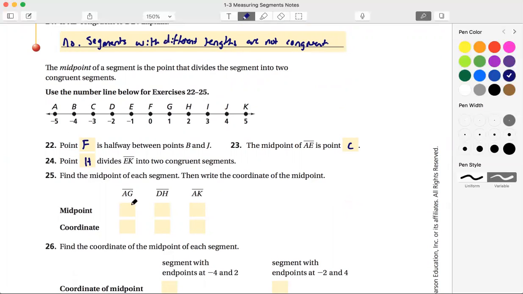So the midpoint of AG looks to be D, and that coordinate is -2. The midpoint of DH looks to be F, and that coordinate is 0. And the midpoint of AK is also F, and that is 0.